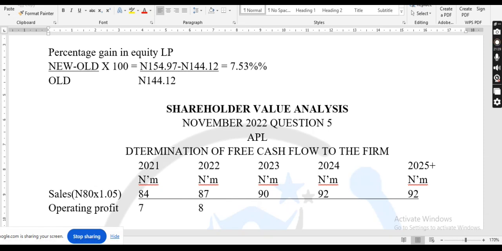Next, 9. Okay, 9. Next, 9 again, out of the operating profit margin, 9 as well.